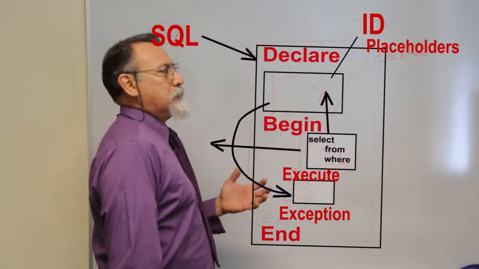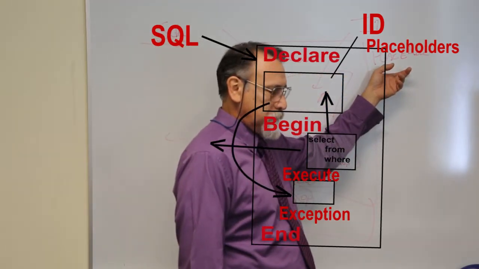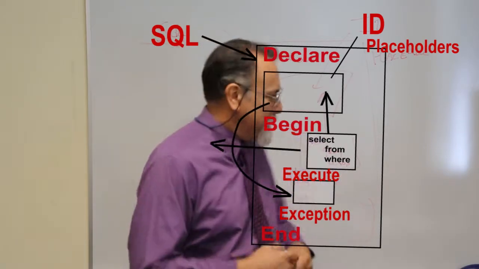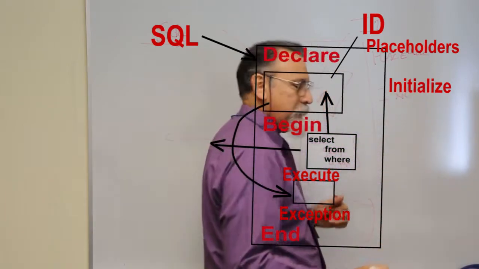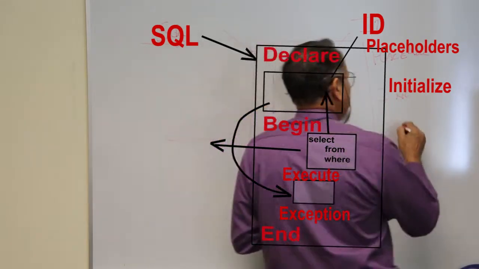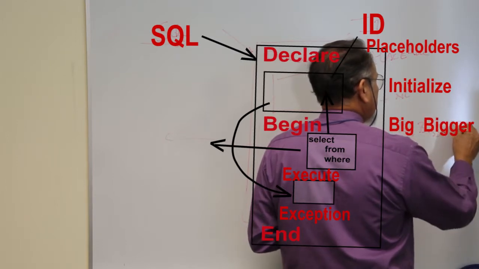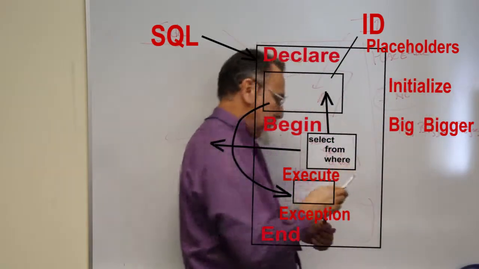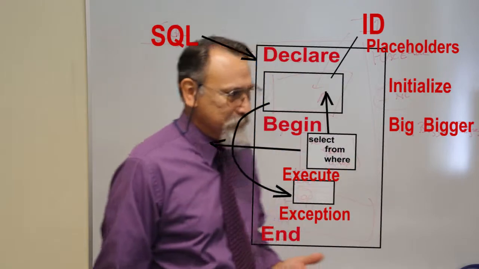Now, as you create these placeholders, you have to initialize them. Now, remember, I said initialize. Remember in school you had the bigger scenario? Well, in the initialization, this is where you start developing the precision of what's going to happen.